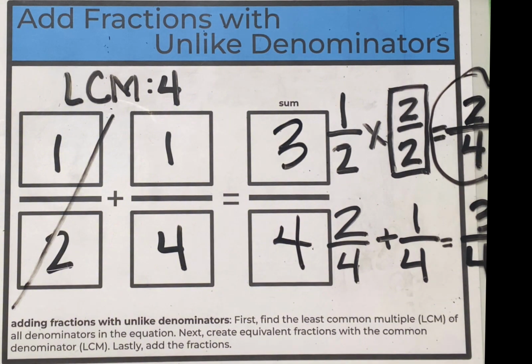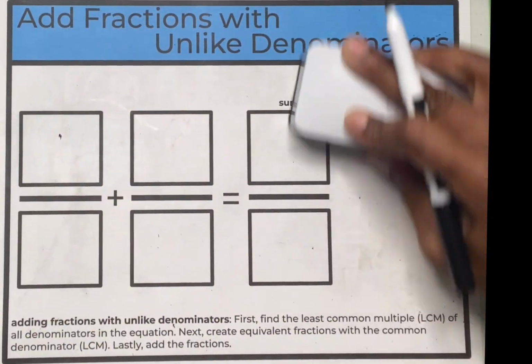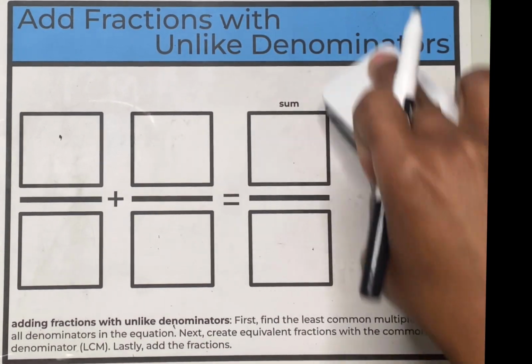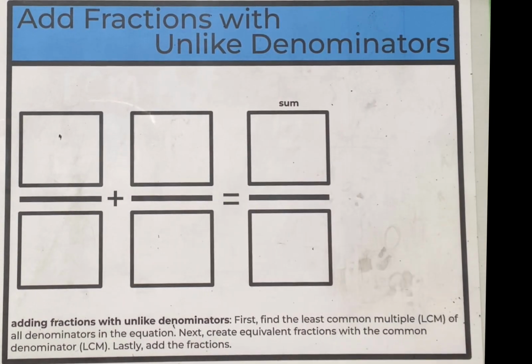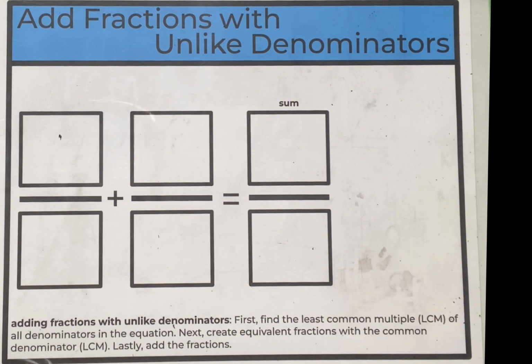Right, let's practice another problem. Remember, if you do have this mat, you can refer to the steps that are written at the bottom. Hopefully you have an anchor chart or some notes that your teacher has provided for you, and you can use that as well. Let's read.